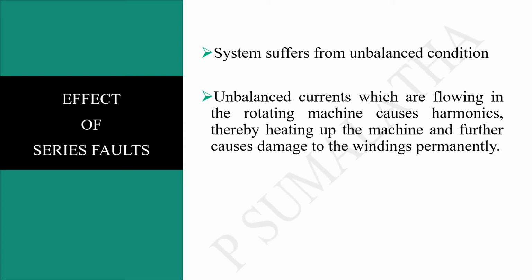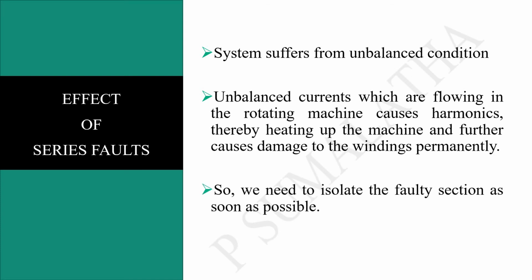Because of this unbalanced current, harmonics will develop in the rotating machine and it may increase the heat of the machine, thereby it will damage the windings permanently. So we need to isolate the faulty section of the system as soon as possible to prevent the other components from the damage.